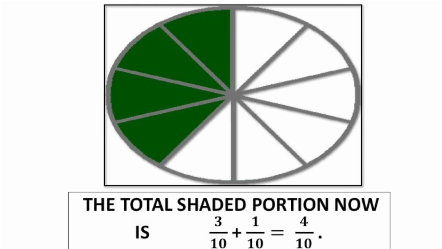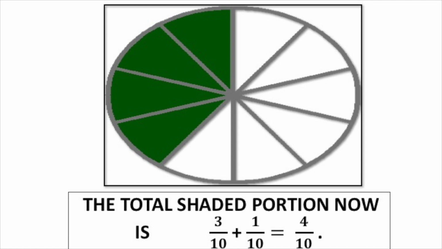The total shaded portion now is 3 over 10 plus 1 over 10 equals 4 over 10. We can see here in green 1, 2, 3, 4. But there's 10 parts in total. So the final calculation, 4 over 10.